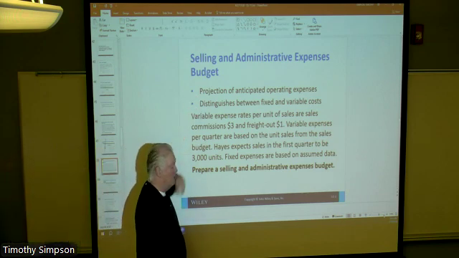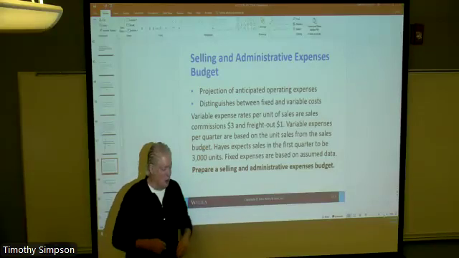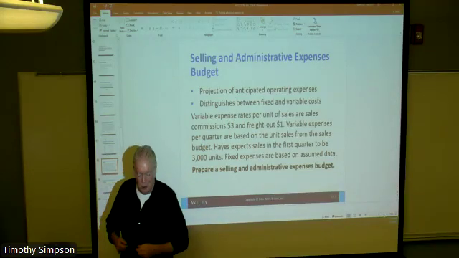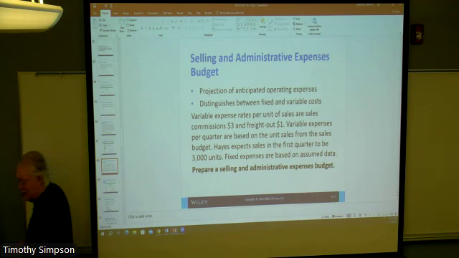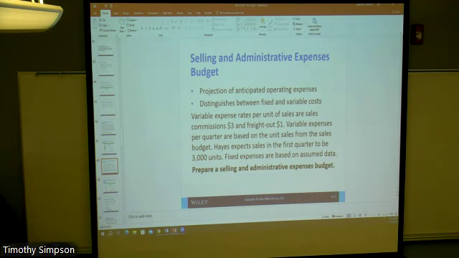Okay. But nonetheless, if we lump these together as one category, which we're doing here, it's really trying to project what's coming out. Remember, budgeting is a forward-looking process, whereas reporting is a backward-looking process. This is something I can't emphasize enough. In 2110, or Principles 1, we talked a lot about how we prepare financial statements for external users, and we do it according to some uniform guidelines, and they're all historically based.